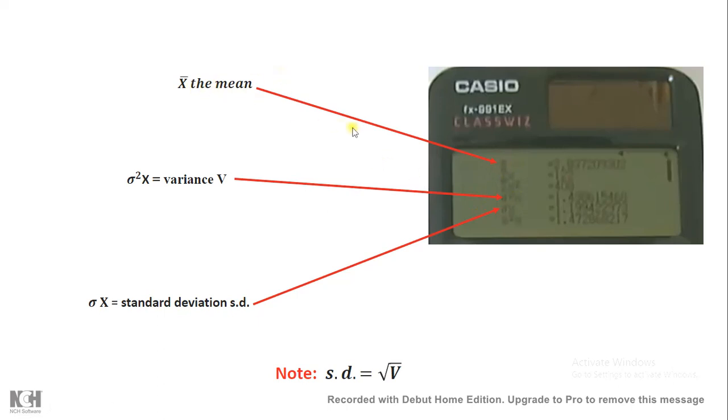The first value will be the mean. Sigma square x is the variance of our data, and sigma x will be the standard deviation. And you have to notice that this standard deviation is the square root of the variance.